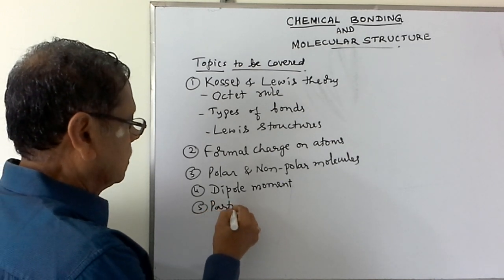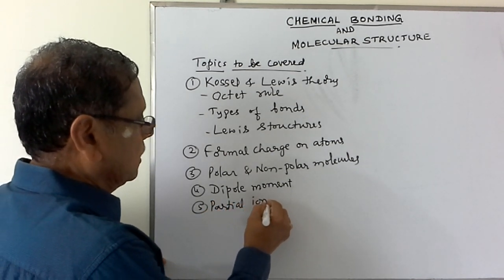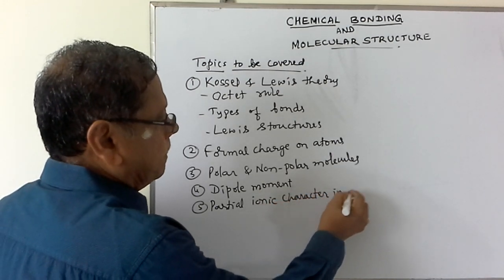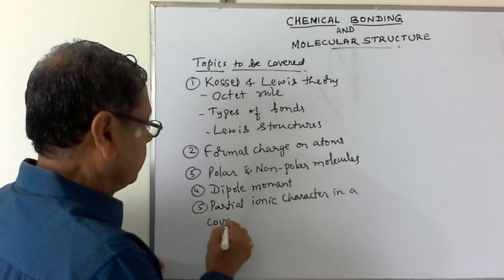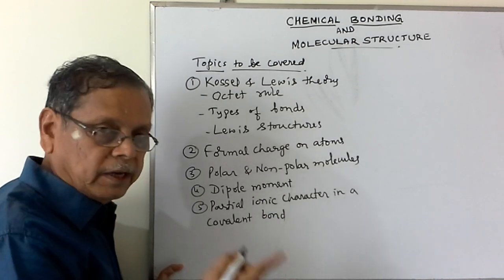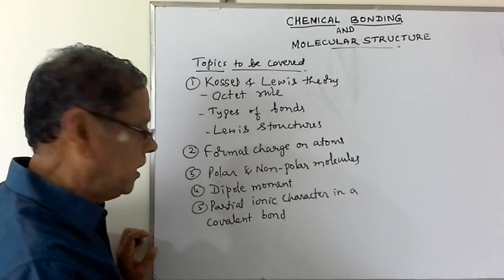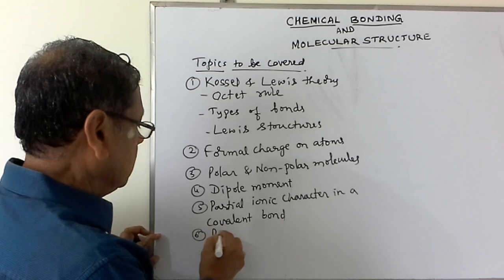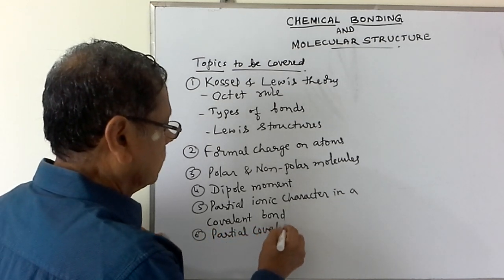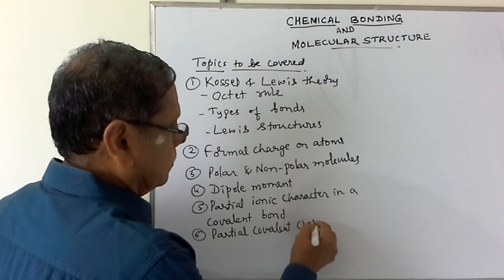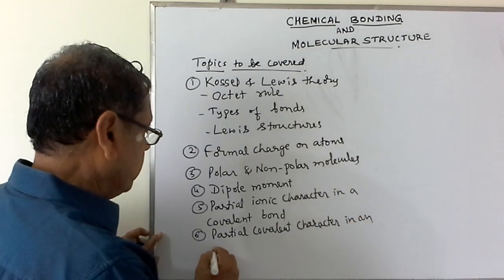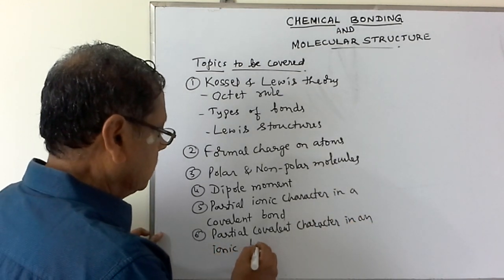Then we will consider partial ionic character in a covalent molecule or in a covalent bond, we can say. And also we will consider the reverse, partial covalent character in an ionic bond.